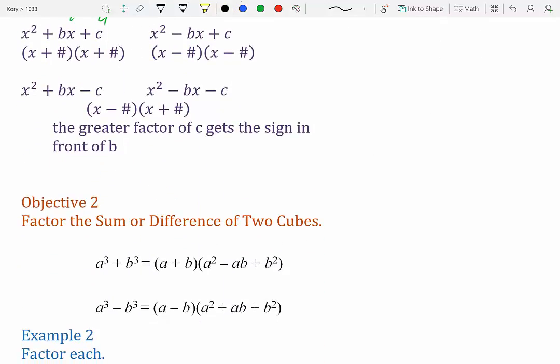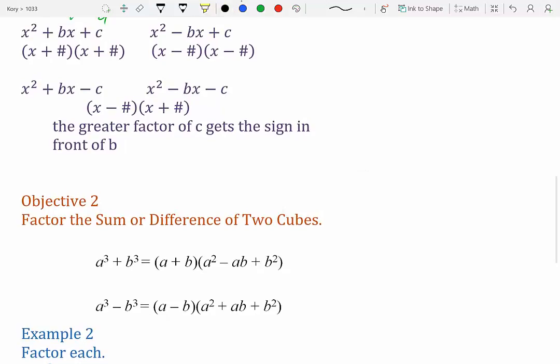Now, here are just some special things that are going to come up in 5.6 that I just want you to write down now. You see how we have x squared plus bx plus c? You've noticed we're factoring. So if it's plus plus, it's going to be plus plus. If it's minus plus, it's going to be minus minus.